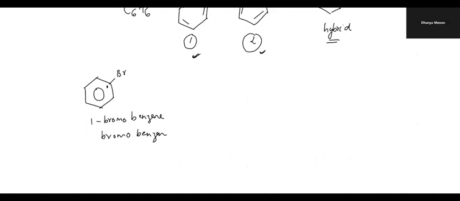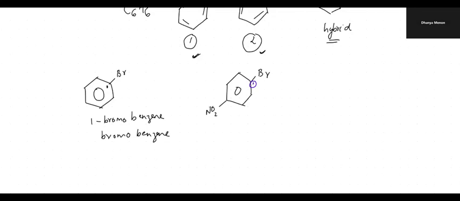Now, if you have a structure like this, where you have 2 substituents, bromine and NO2, the nitro group, the numbering will start from the carbon atom having the bromine group, because here we have to go by alphabetical order only.